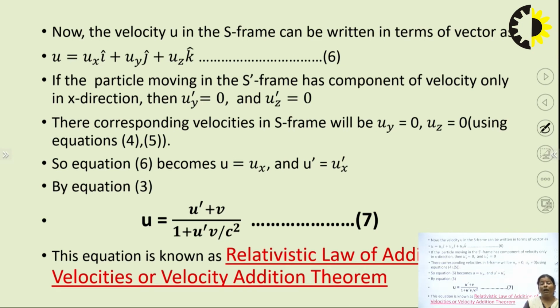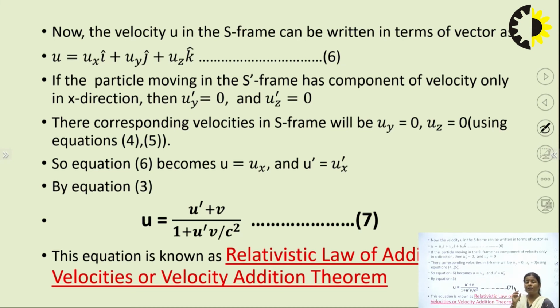We can see what is going to happen if the motion is along one direction. Like if we say that the particle in the S dash frame has a component of velocity only in the x direction. We have understood that the frame is moving in the positive x direction. Now inside the frame, the particle is moving. So what will happen if that particle has only a component in the x direction?